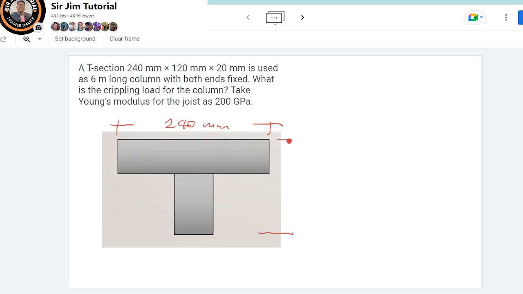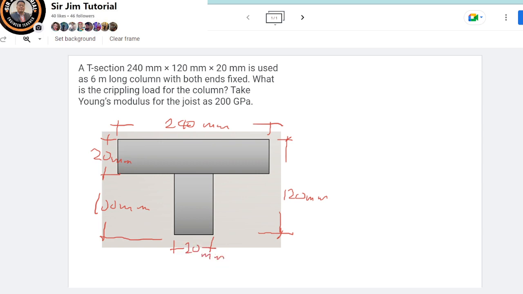From here going here is 120 millimeters. So in other words, you also have here 20 millimeters. Okay, that means from here you have 100. It is also known to be 20 on this side.